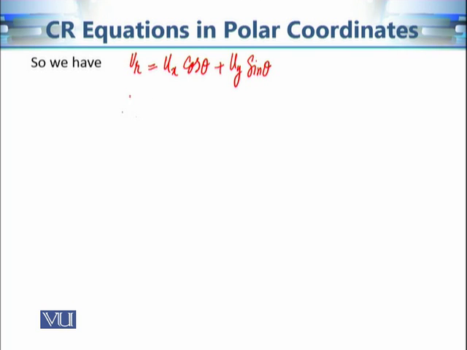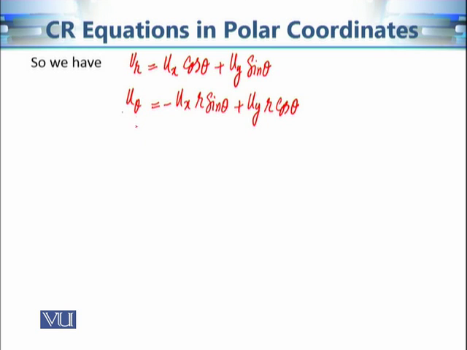And on the same lines we can calculate u_theta, the partial derivative of u with respect to theta. I'm leaving this as an exercise, but we can easily see that this is equal to minus u_x r sine theta plus u_y r cosine theta.